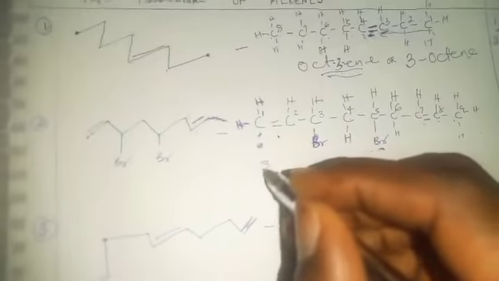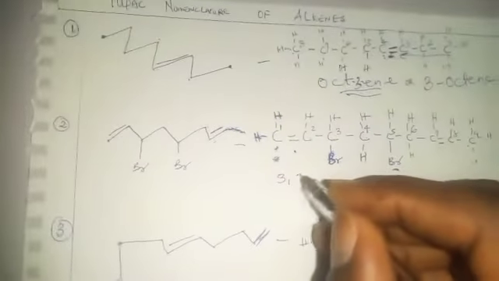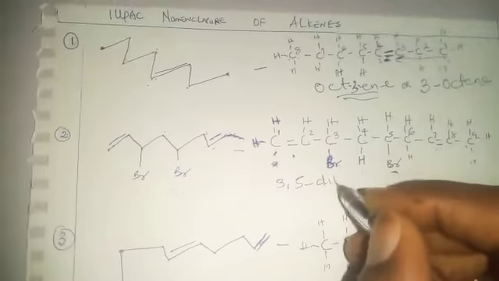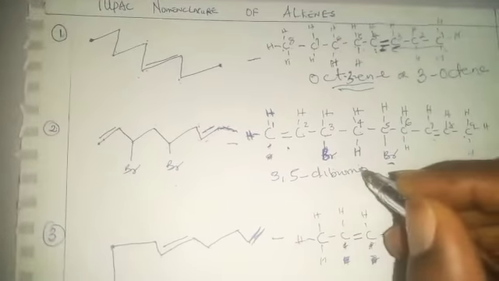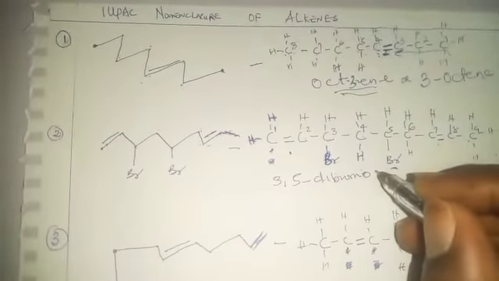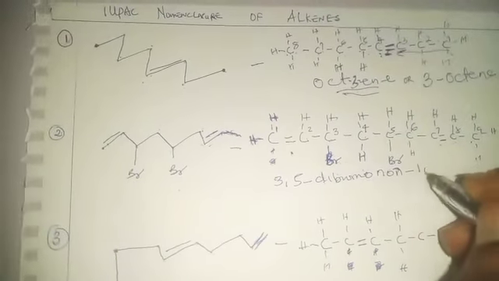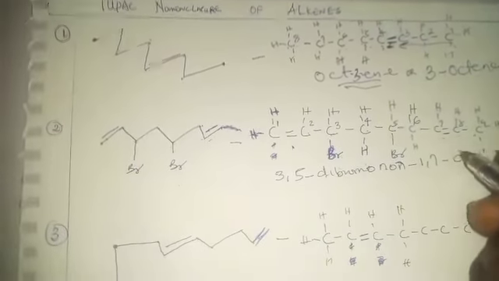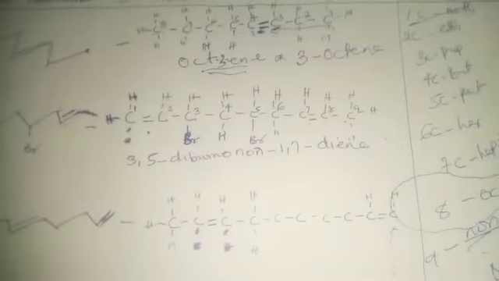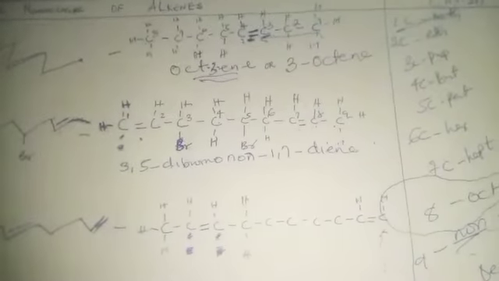So we can just write this here: 3,5-dibromo non-1,7-diene. Wow. Okay, we're done with that.